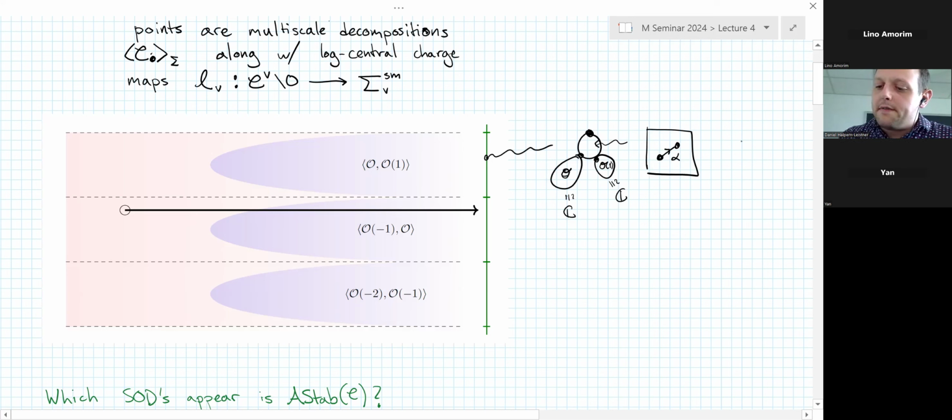And this configuration of points is defined up to translation by C and up to scaling by a positive real number.